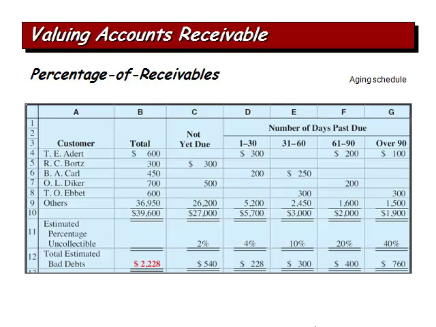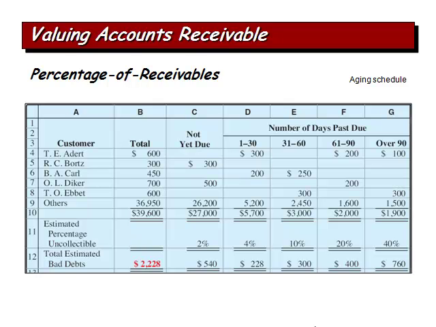Then we have Bortz, who owes us $300, and that's not yet due. We gave him 30 days to pay, and the 30 days isn't up yet. Then we have Carl, who owes us $450. 200 of it is between 1 and 30 days old, and then 250 of it is older than that.